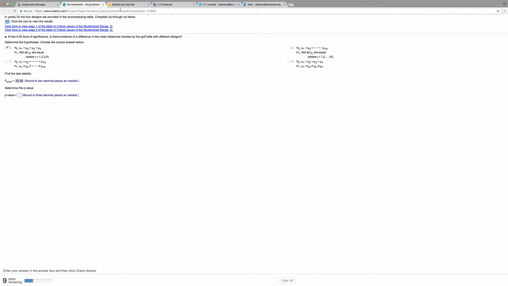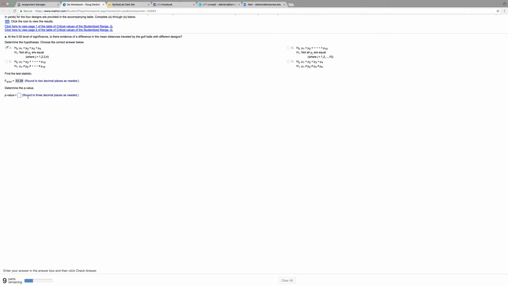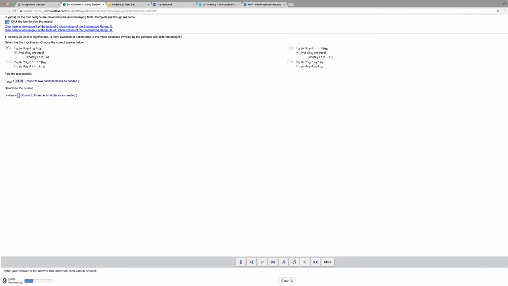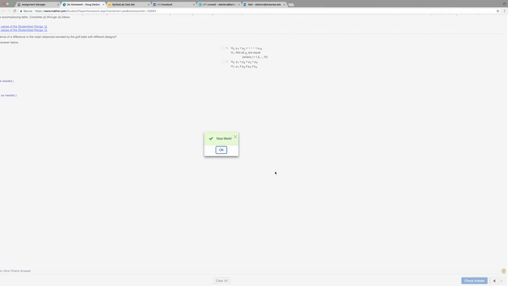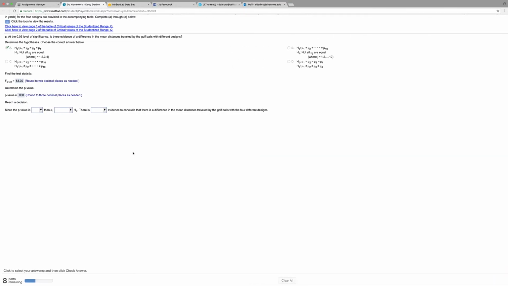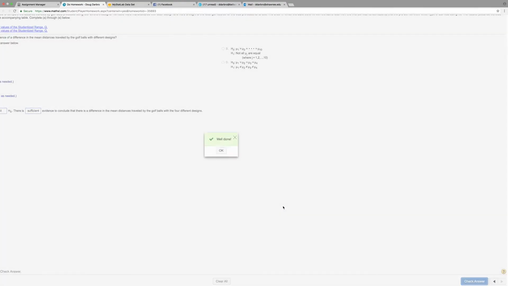All right, the p-value is very, very small, so to 3 places would be 0.000. So the p-value is less than alpha, so we reject the null and conclude there is a difference. There is sufficient evidence to conclude a difference in the means.